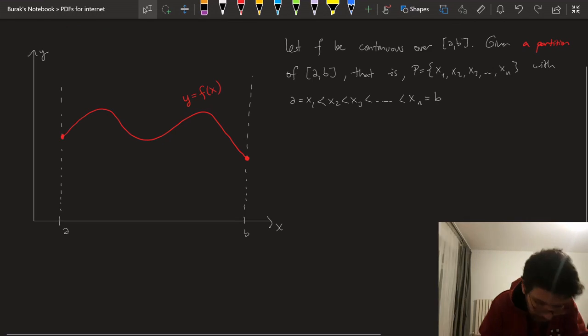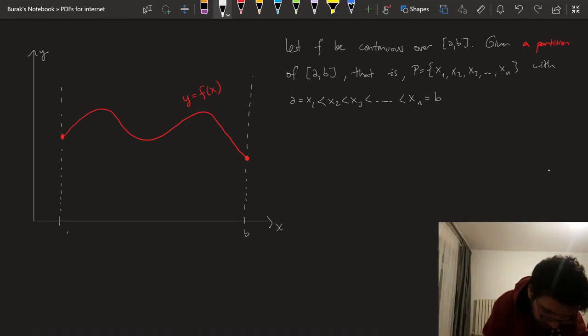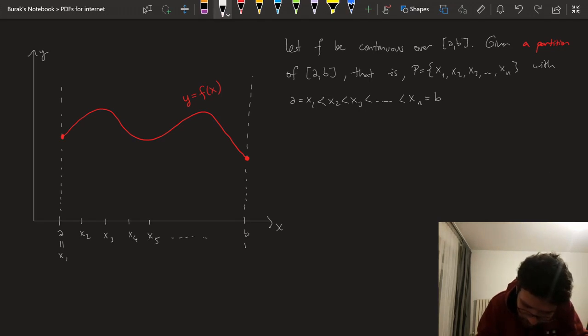Okay, so this is my x1, and I have some point here x2, and some other point here x3, another point here, let's say x4, and let me also mark x5. And you have such points, and you go up to xn.